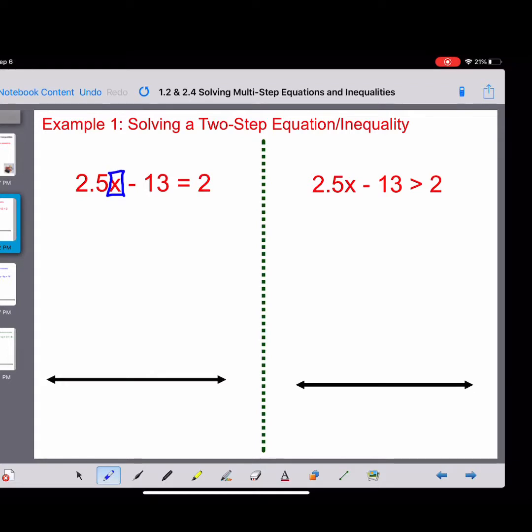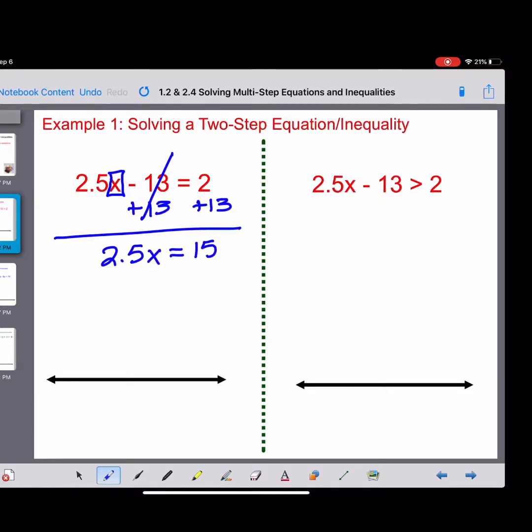And we're going to kind of start outside in. So the first value that I want to use the inverse operation of is 13. The opposite of subtracting 13 is adding 13, and I'm going to balance my equation by adding 13 to both sides. So I'm left with 2.5x is equal to 15.